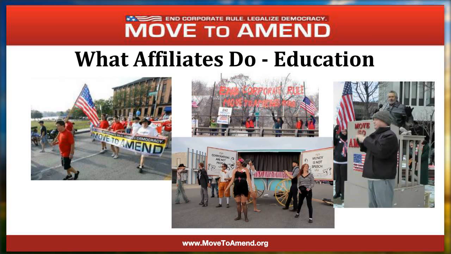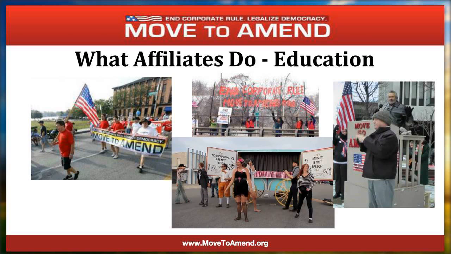So just a couple of examples of educational opportunities that exist. Many local affiliates will get out into the streets during public events or public marches, such as Cesar Chavez Day March, May Day marches, the LGBTQ March, and even 4th of July marches.